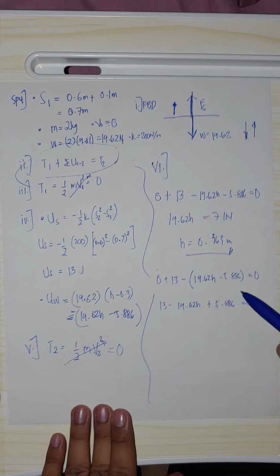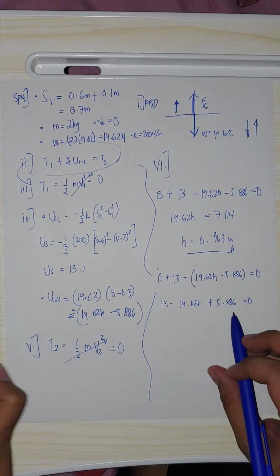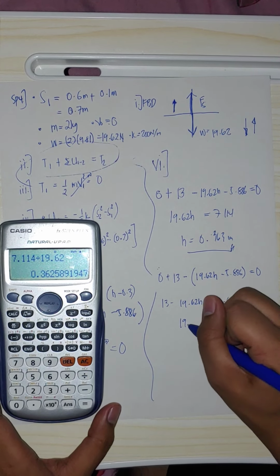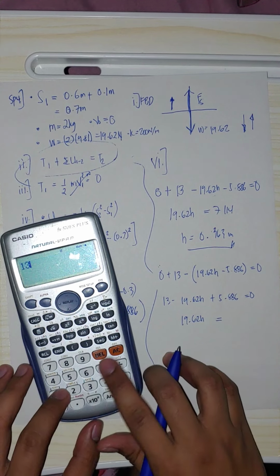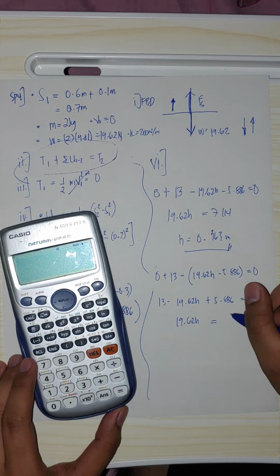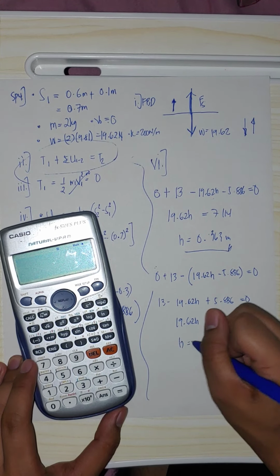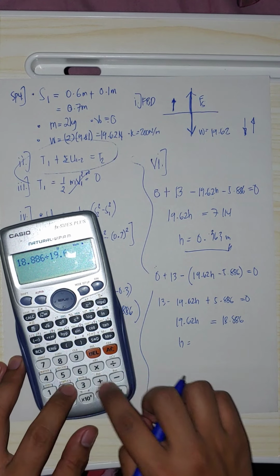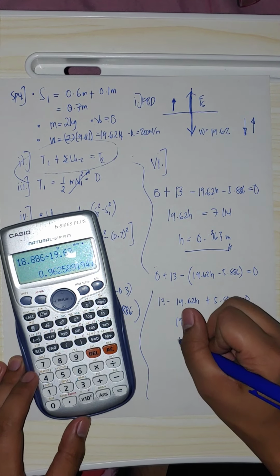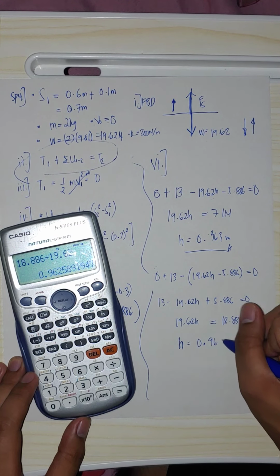So you can see, this is 13 minus 5, here we have 13 plus 5. So 19.62 H is equal to 13 plus 5.886, that is just equal to 18.886. Solving for H, we have 18.886 divided by 19.62. Finally, we have the correct value of H equal to 0.963 meters.